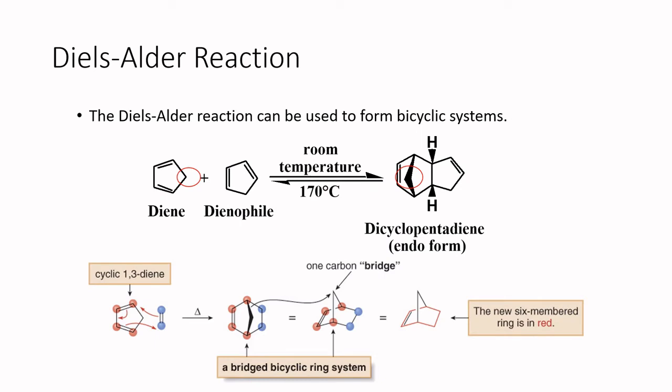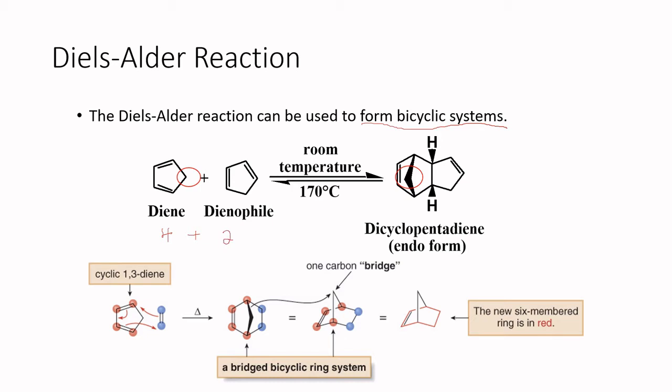Diels-Alder reaction can also be used to form a bicyclic system. When we have a bicyclic system, for example, in this case, it is a 4+2 reaction. We have the diene and then we have the dienophile.